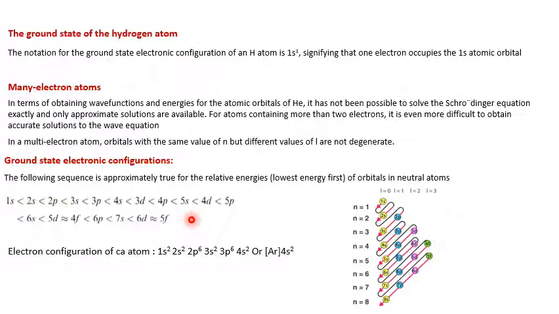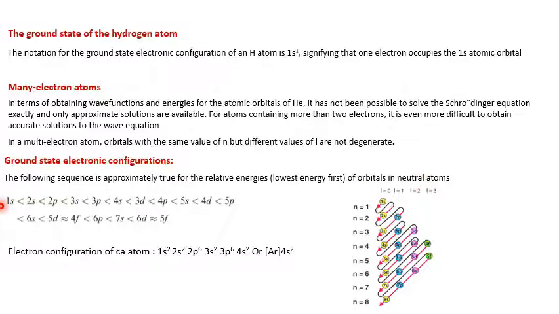Then we can add the electrons in the orbitals to represent the electronic configuration of atoms having such kind of electrons. So here I have given the sequence in which to fill the atomic orbitals, approximately according to relative energy, lowest energy first, of the orbitals in the neutral atom.